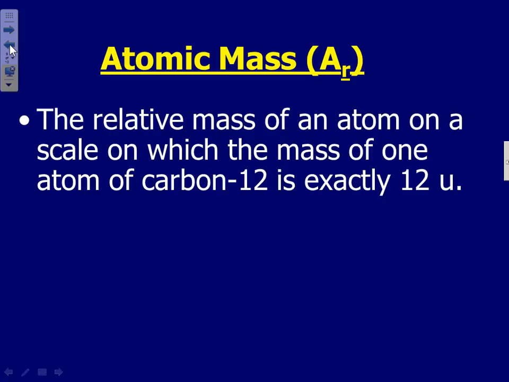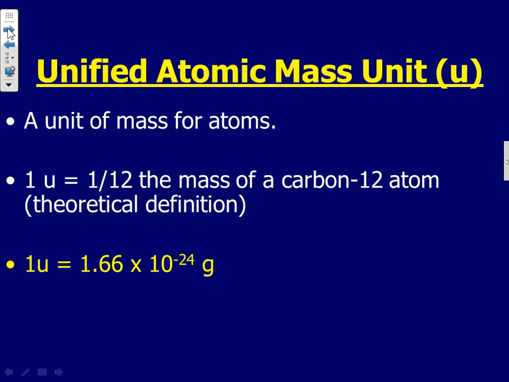So if you take the mass of a carbon-12 and you divide it by 12, you get what is called the unified atomic mass unit, U. And it is 1/12 of the mass of a carbon atom. And that's our standard.